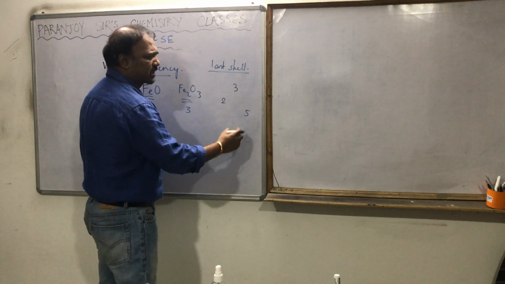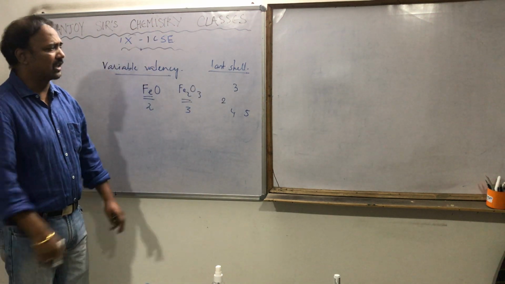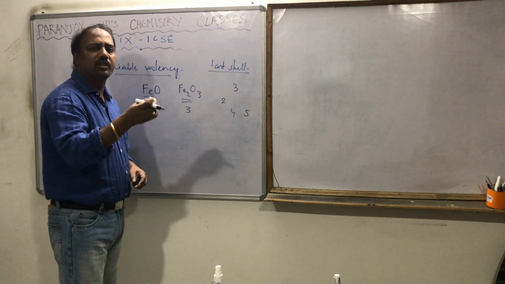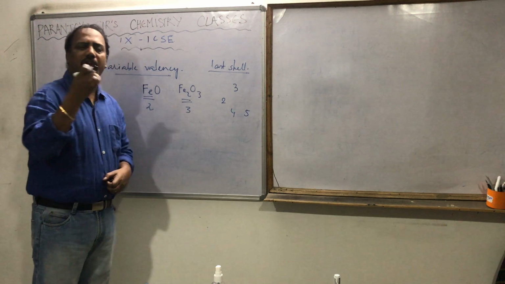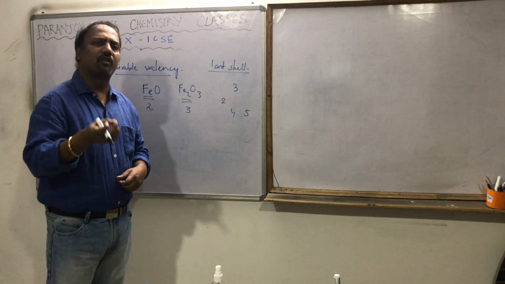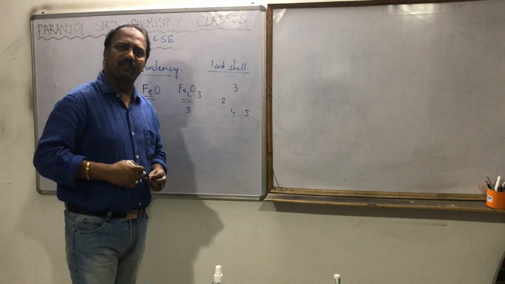Suppose last shell is the fifth shell, so we are talking of the fourth shell. The electrons from the penultimate shell are also involved to determine the valency. Okay, last shell's electrons as well as the penultimate shell's electrons are involved in determining the valency, and hence they are showing the variable valencies.